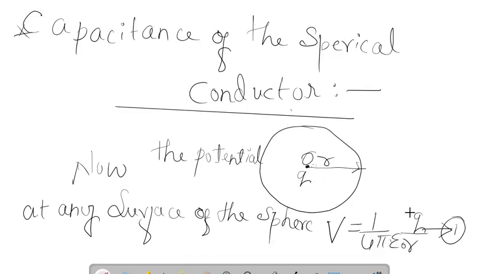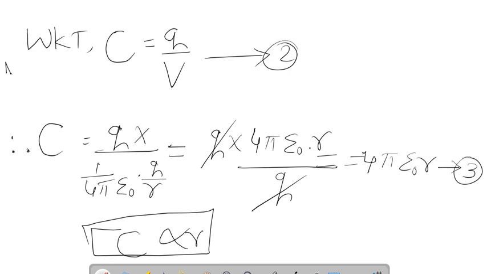It all depends on the sphere. If the sphere is larger, its capacitance is larger, because capacitance is directly proportional to the radius of that sphere. Capacitance and capacity, and the smaller the sphere, the smaller is the capacitance or the capacity.